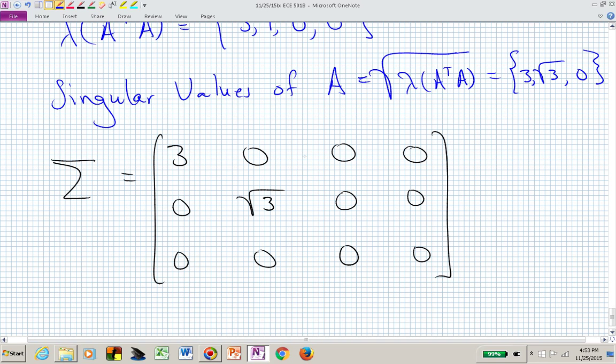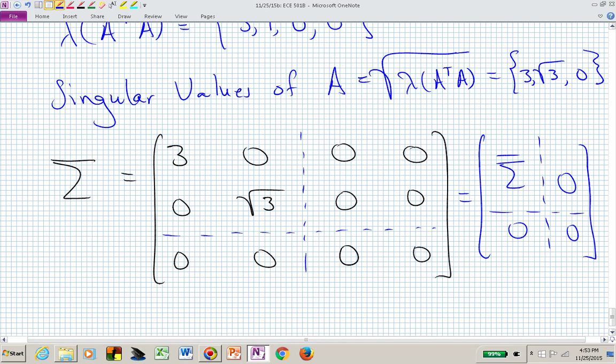And it's typical to subdivide that sigma into different pieces, where the upper left-hand corner is our non-zero sigma matrix. We usually label that as sigma bar, and then we have zero submatrices everywhere else.